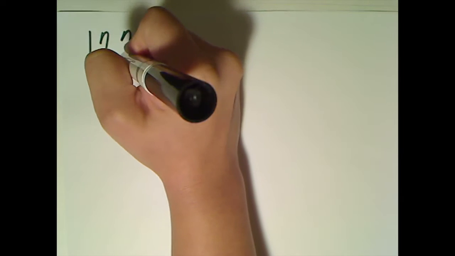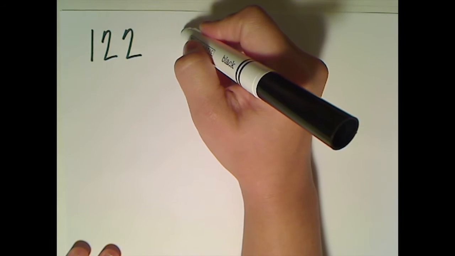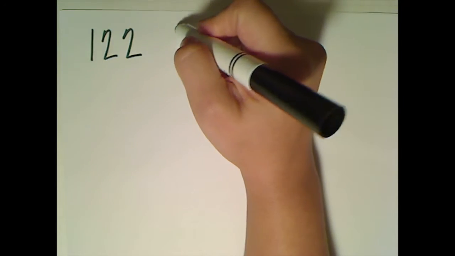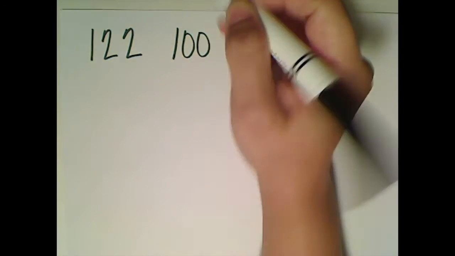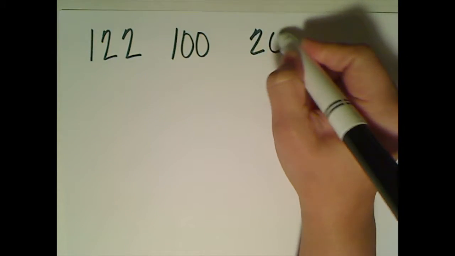Again, what was one of the vocabulary words you needed to know for this section? Place value. So we have a factor of 122. There is 100. There's 20.